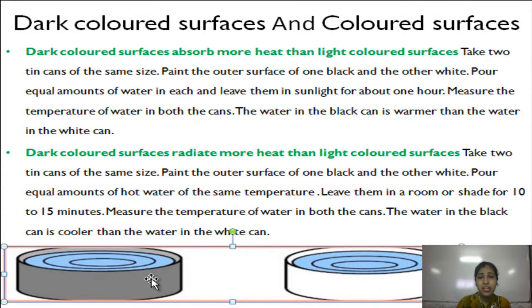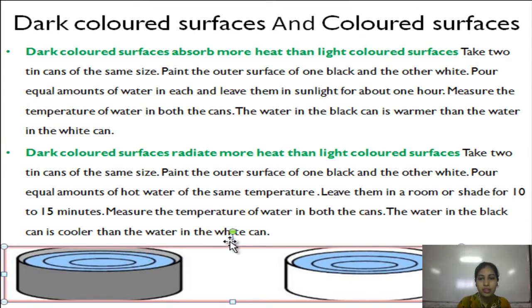Measure the temperature of both waters in the cans. You will see that the water in the black can is warmer than the water in the white can. Why? Because dark color absorbs more heat than light colored surface. In the same way, dark colored surfaces radiate more heat than light colored surfaces.